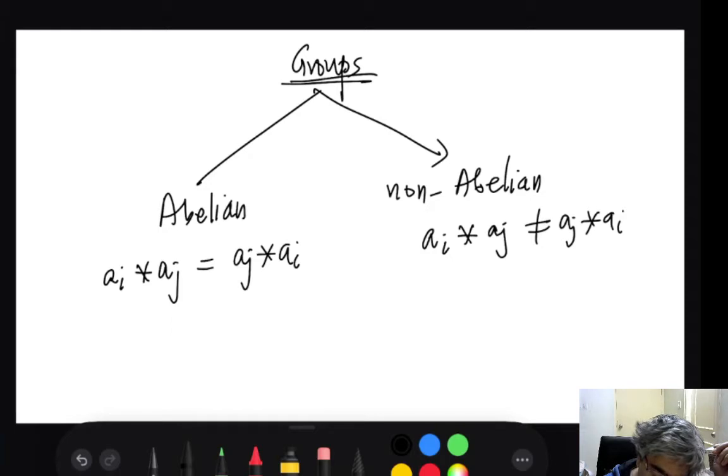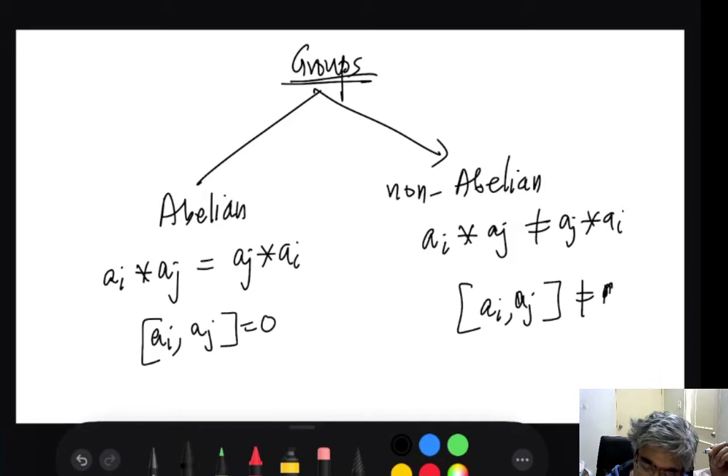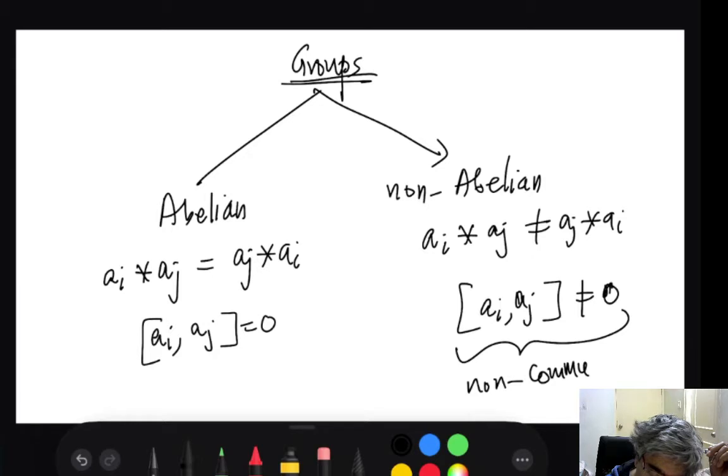So the commutator of Ai and Aj is equal to 0 here, and for non-abelian it is not equal to 0. They are non-commuting. Abelian groups are essentially commuting groups.